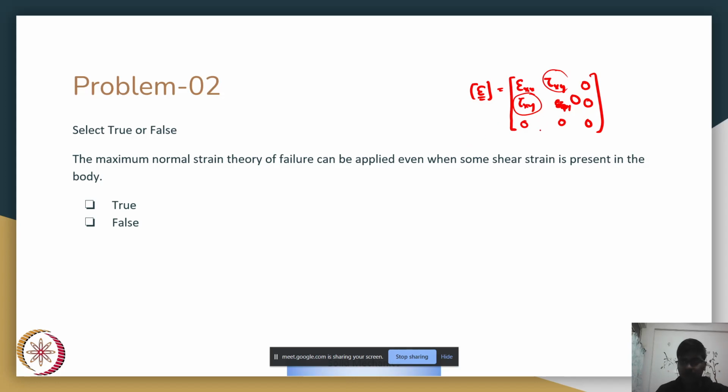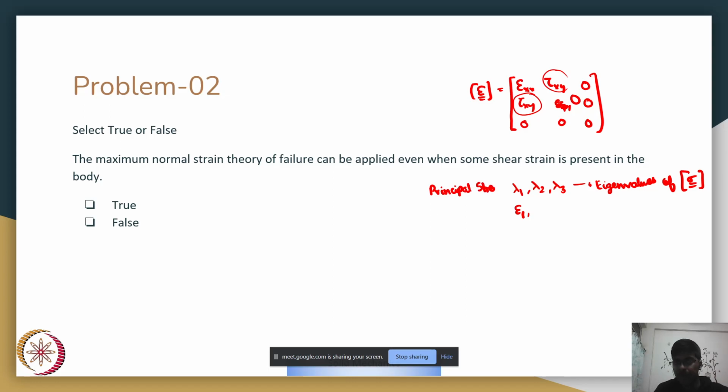So what we do here is, similar to the way you have principal stresses sigma 1, sigma 2, sigma 3, which are eigenvalues of the stress tensor represented in matrix form, these are your principal stresses.